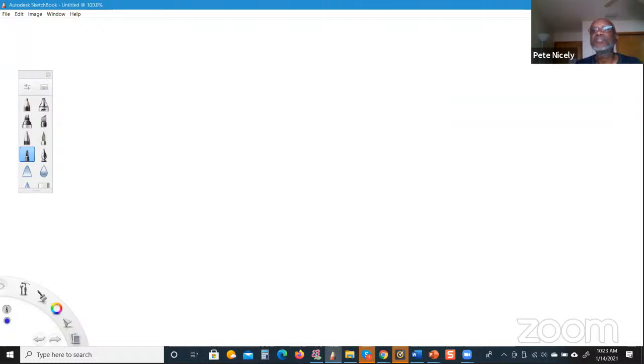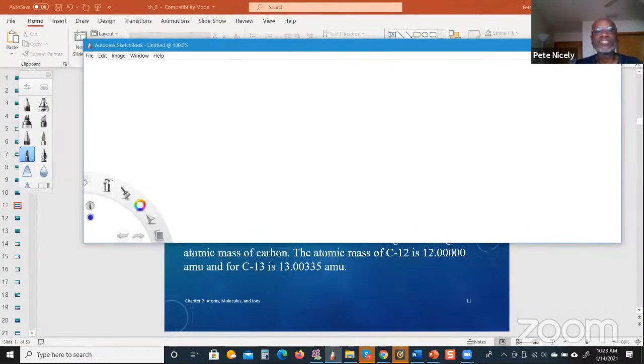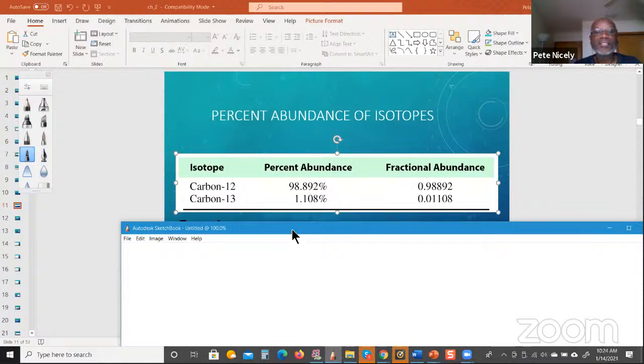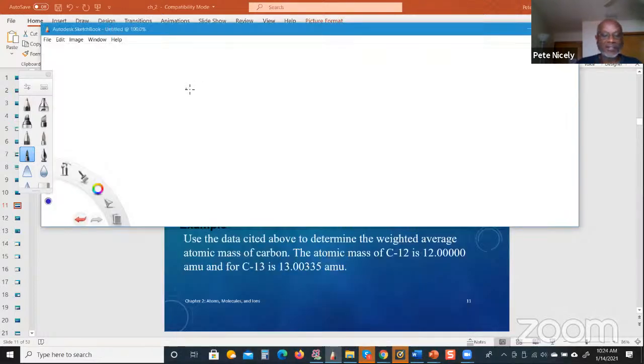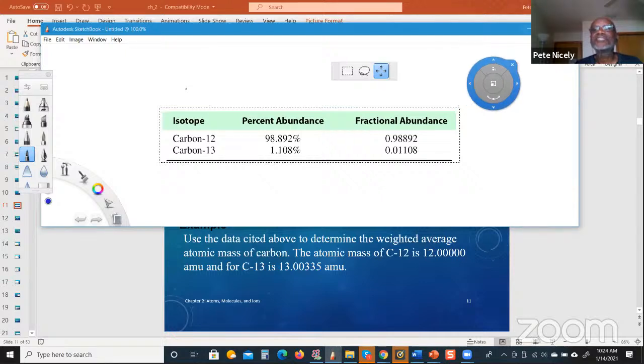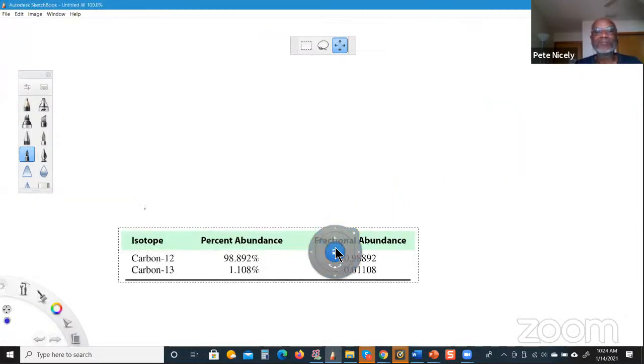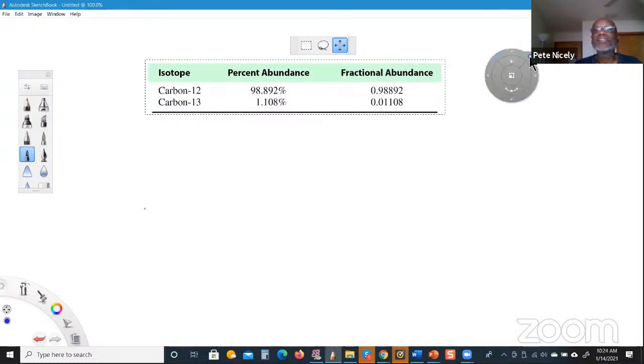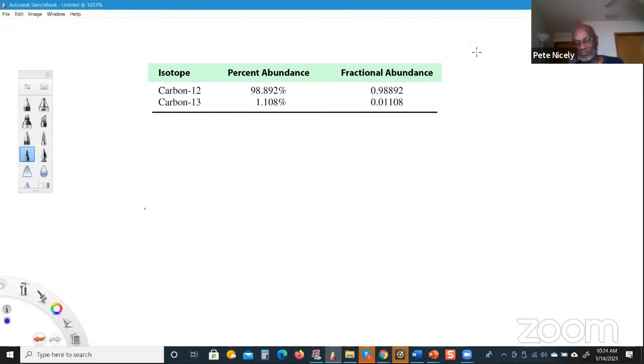According to the question here, let me copy and paste this, make life easier for me. Okay, success. So basically you're given this data and you're asked to determine the relative atomic or the weighted average atomic mass of carbon based on this data.